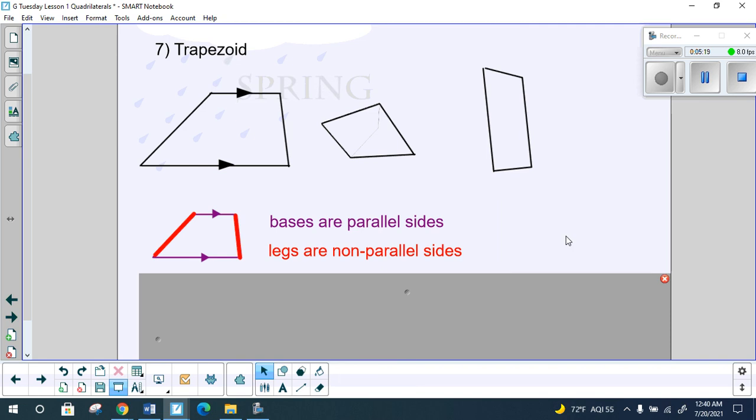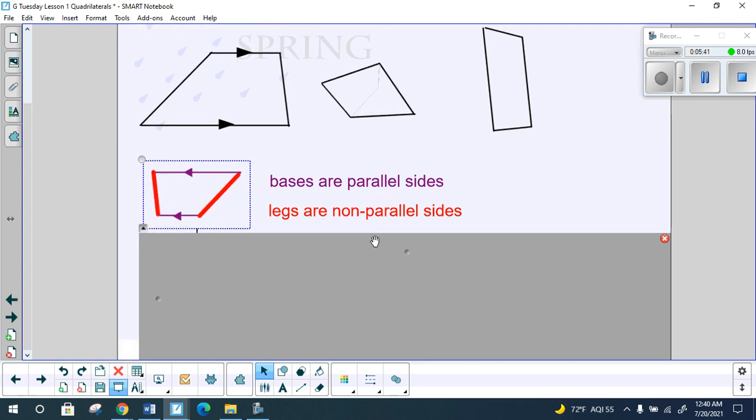I know when we were talking about the Pythagorean theorem, we talked about legs and hypotenuses. So trapezoids also have legs. The legs are the sides that aren't parallel. Even though it's drawn that way, it could be turned any way you want. It's still going to be the bases. The purple ones are still going to be the bases.